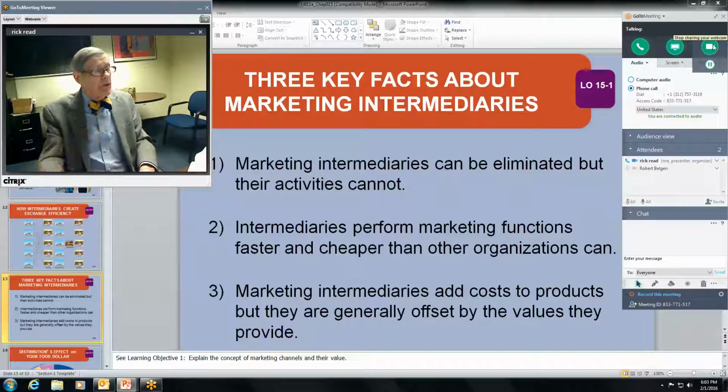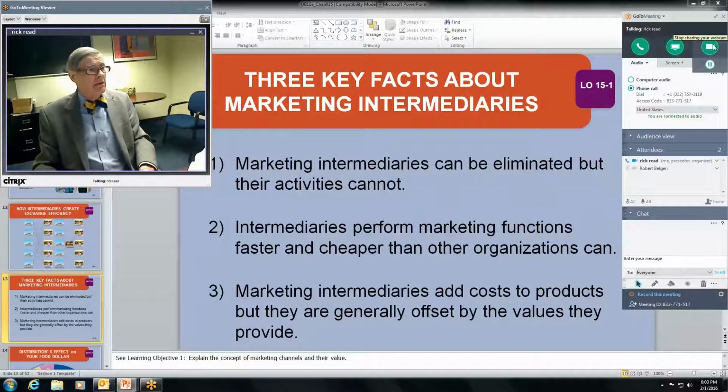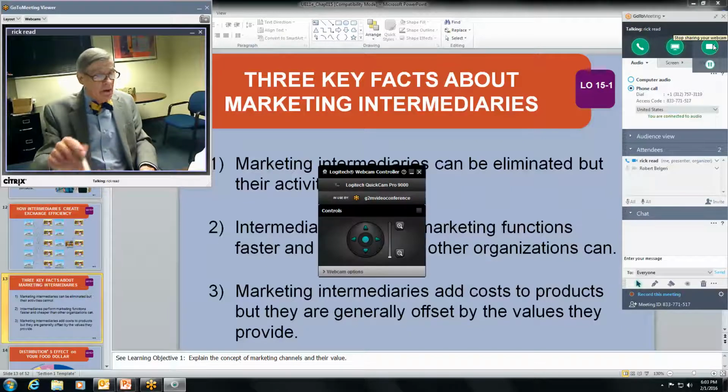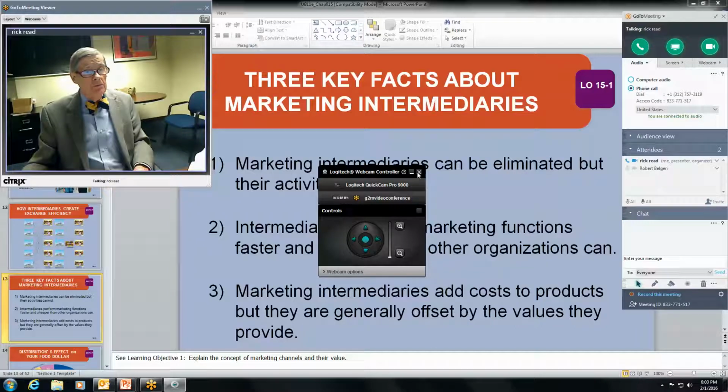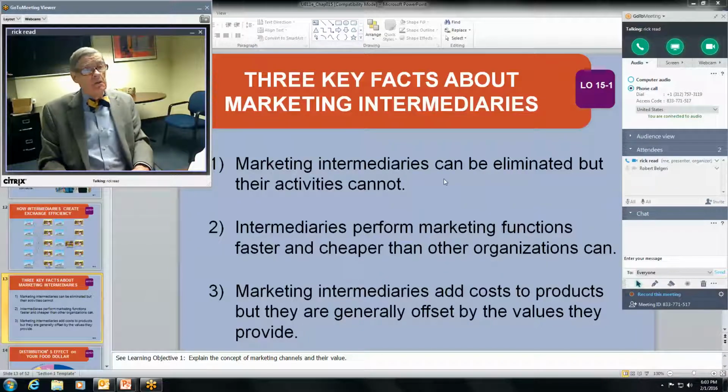Again, going back to the previous slide, they can perform tasks quicker and less expensively than most organizations can. And yes, they add costs, but they also generally add some kind of value. And that value many times is service, many times is repair, many times is other type things that the manufacturer simply cannot do.